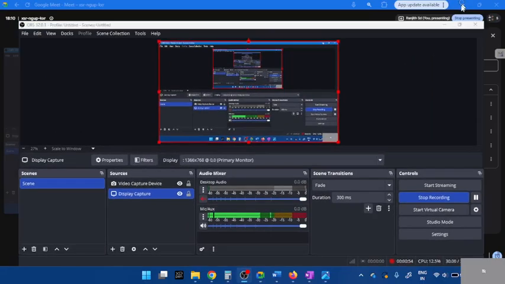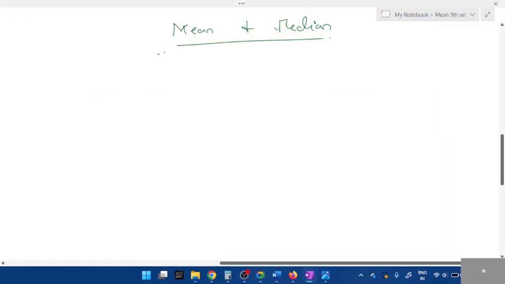Okay, fine. Look at the screen, students. Concentrate here. Mean and median. What do you mean by mean? For example, let me take max and students.